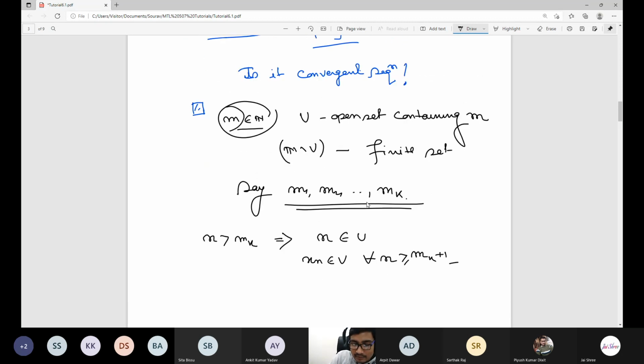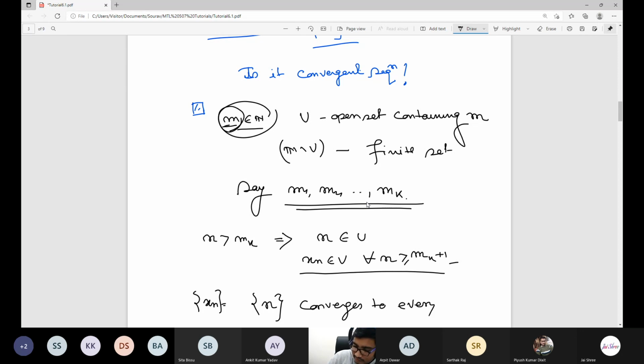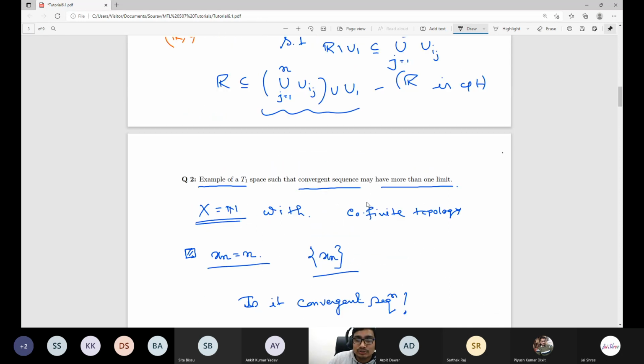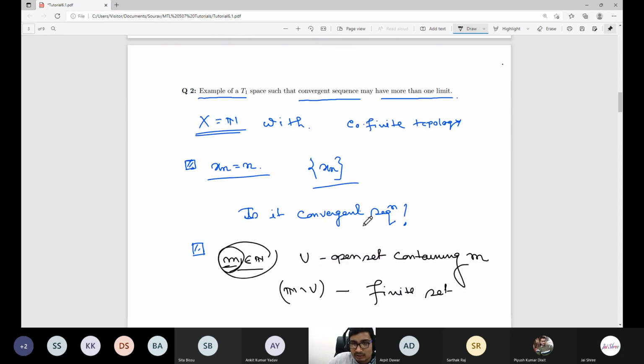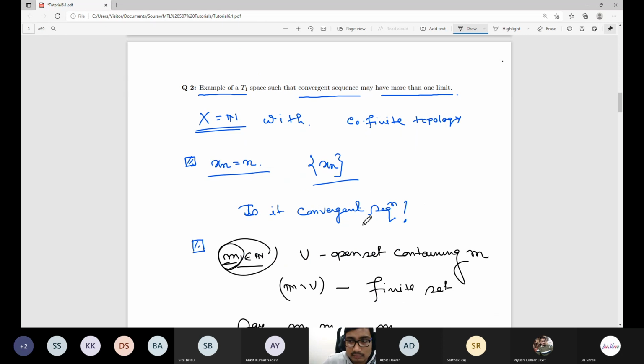By taking an arbitrary element, we have proved that this sequence x_n = n converges to every element. So if your space is not Hausdorff, then a convergent sequence may have more than one limit. Fine.